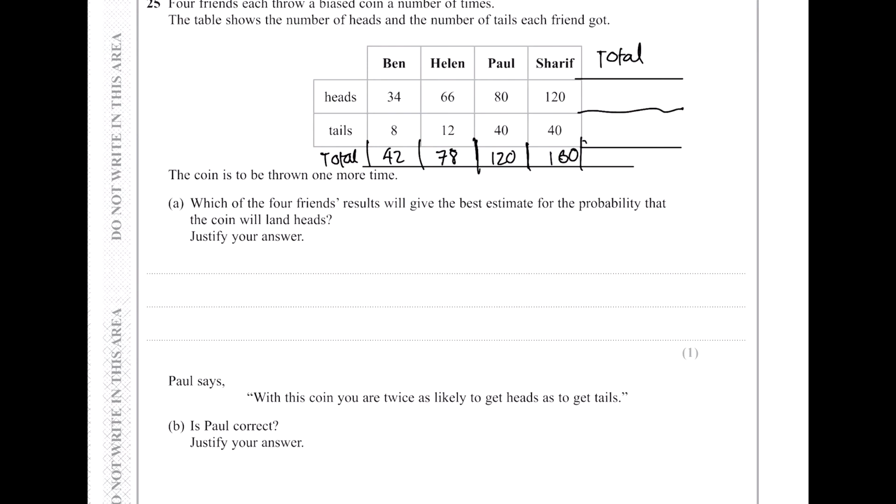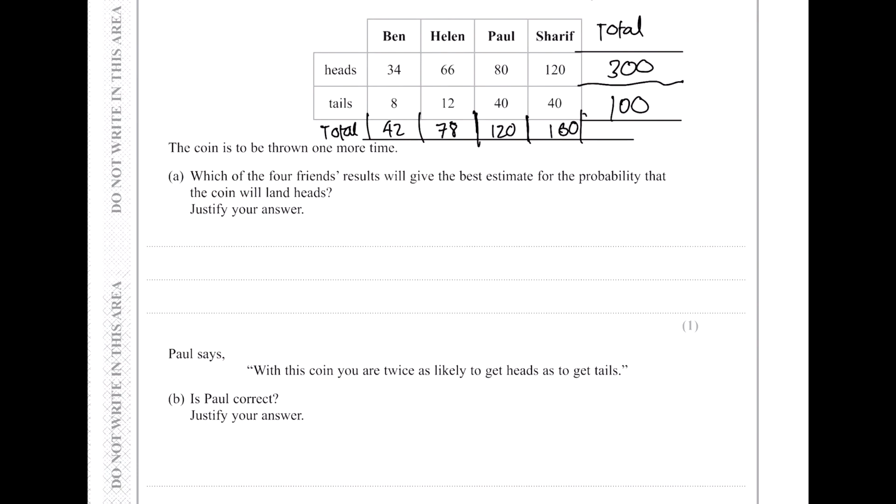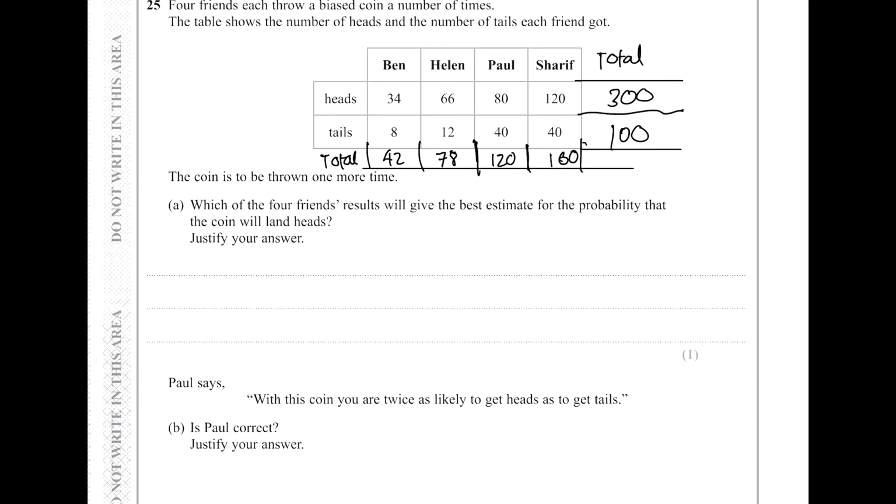So adding up all of these, so 34 plus 66, that would give you 100, 180, and then 300. And then the bottom one, 8 plus 12. So that's 80 plus 20, which is 100. So we have it there. So the answer, as we can see, the highest total, so the answer is Sharif.